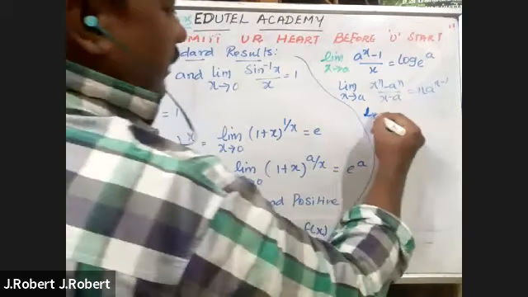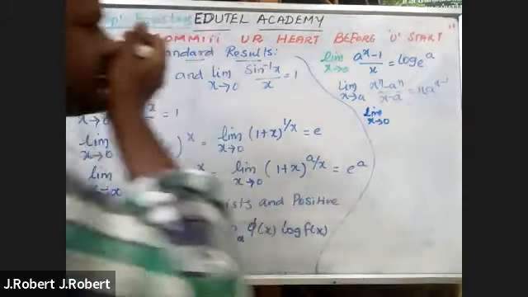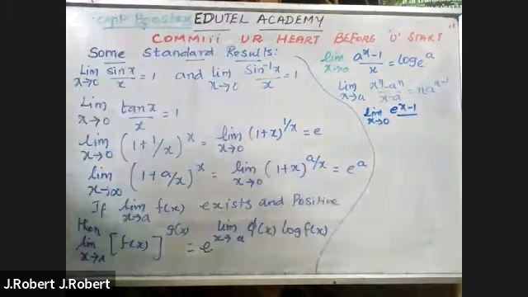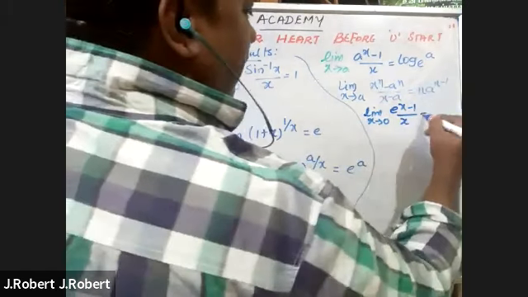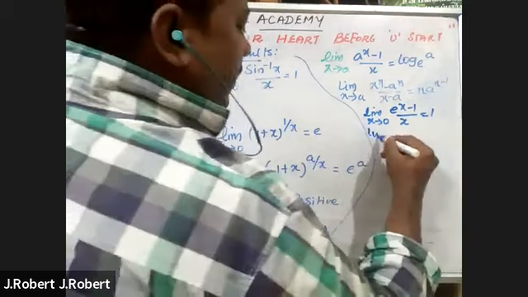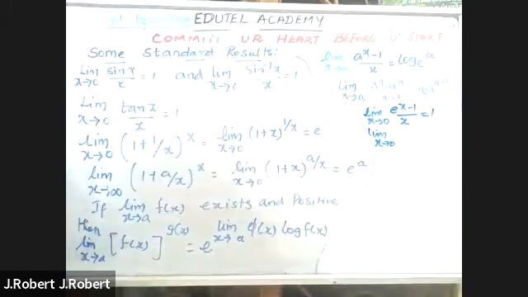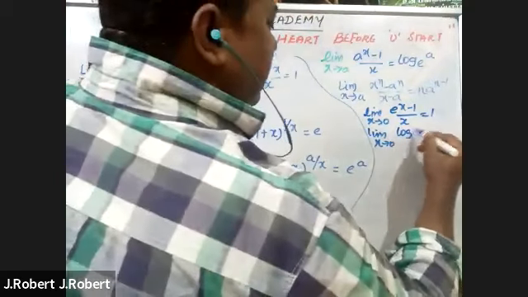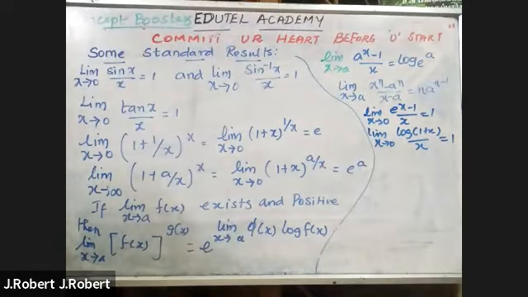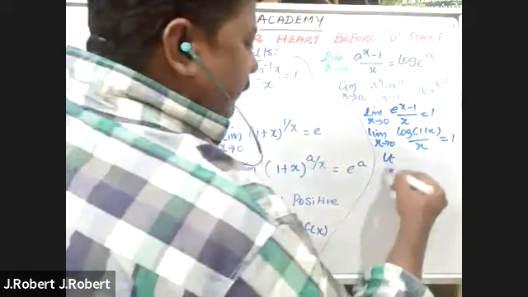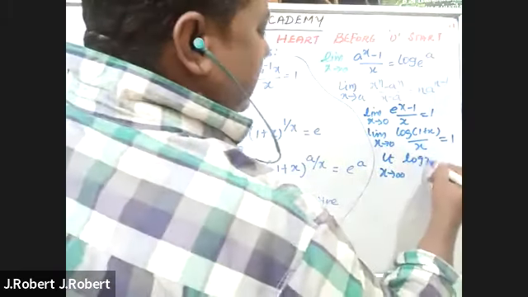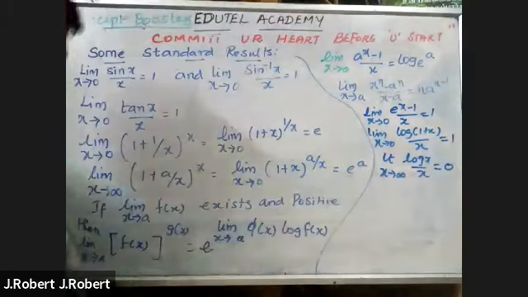Next one, limit x tends to 0, e power x minus 1 divided by x is equal to 1. And the next one, limit x tends to 0, log of 1 plus x by x is equal to 1. Limit x tends to infinity, log x by x is equal to 0.